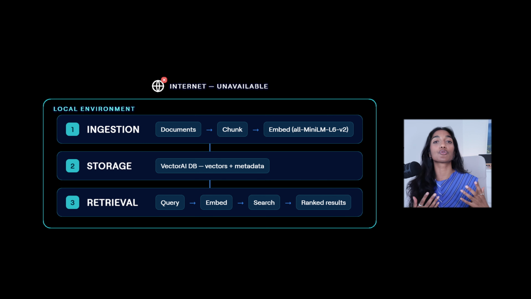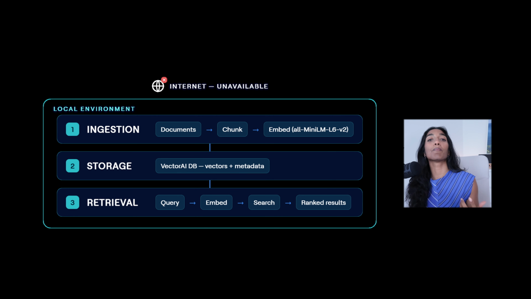And the final layer is the retrieval layer, which takes the natural language query and embeds it using the same local model that you used earlier, so that VectorAI database can use that to retrieve the most similar entries that it has stored. And using the same model on both sides is what makes the similarity meaningful. Now, once the setup is complete, every layer here is going to be running on local hardware. This means that you don't need to deal with any API key, cloud accounts, or external dependencies. And that's the whole point.